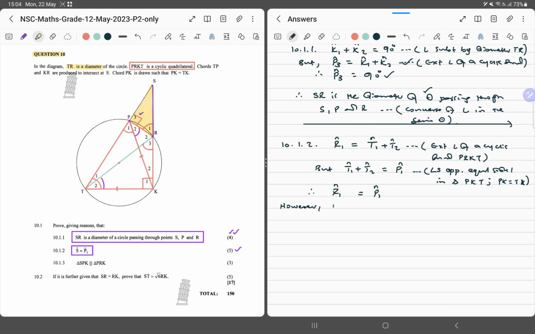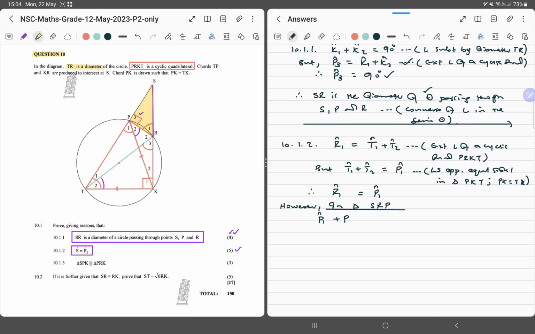Now we have a situation that says, however, in triangle SRP, I don't really care about how you name a triangle. However, in that triangle, what do we know?